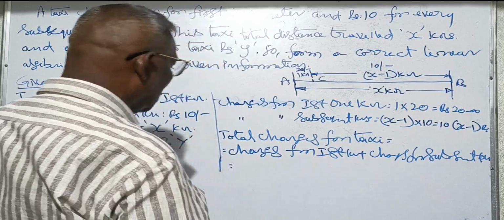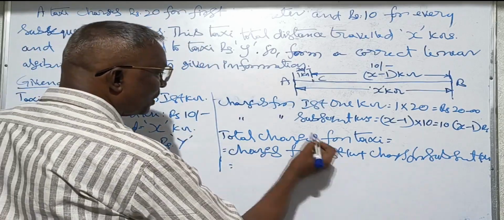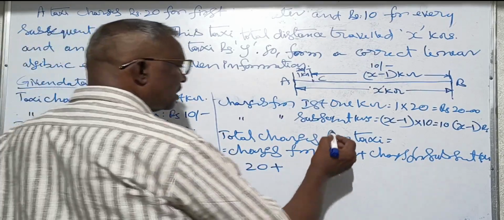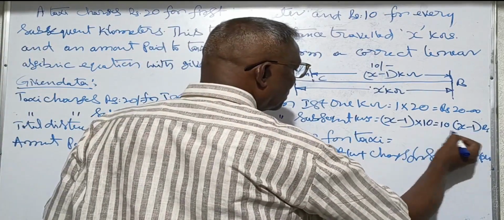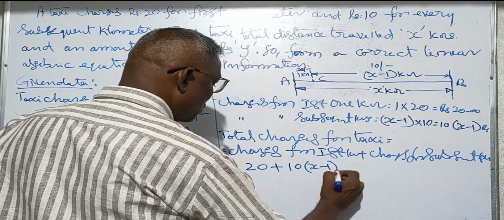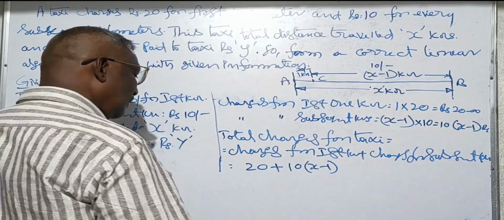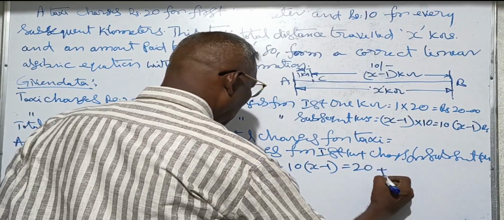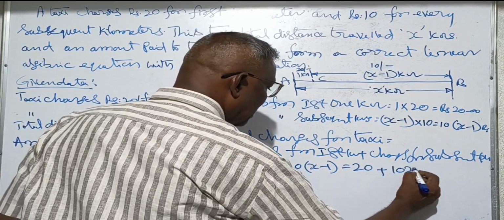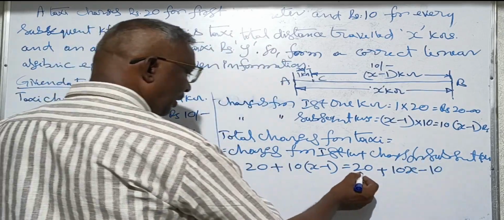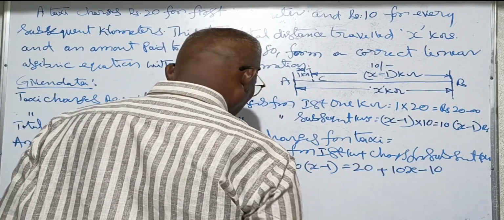That is rupees 20 plus 10 into x minus 1, which equals 20 plus 10x minus 10.